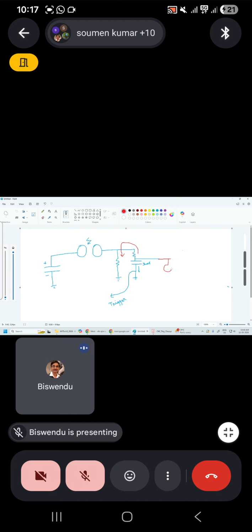Here we have the sphere with triggertron. This gap is triggertron.